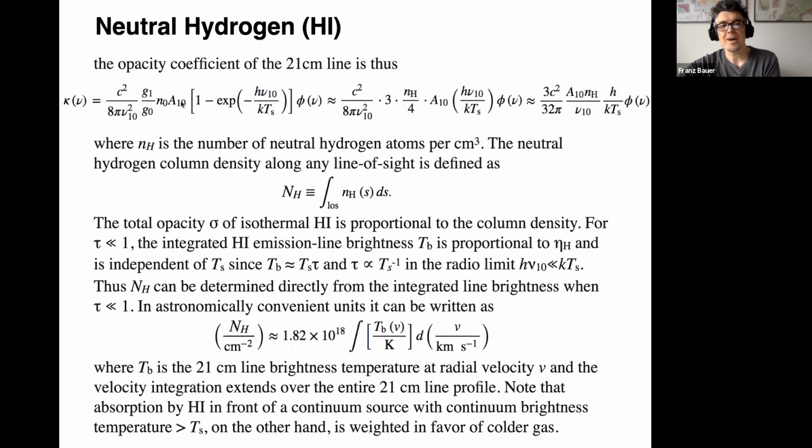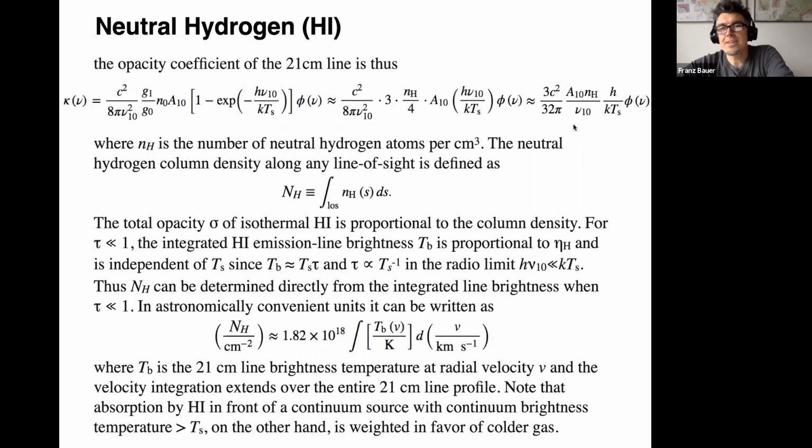The ground state is 1/4 of the total. Then it's just combining these, crossing out some of the terms. This frequency gets eliminated here, and so we have something which looks like this. It's just 1 over the frequency, 1 over kT_S, the line width, and some constants.